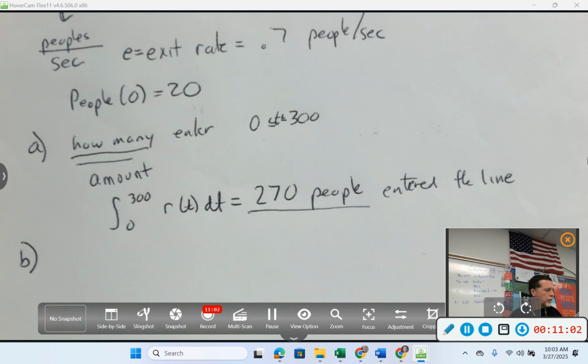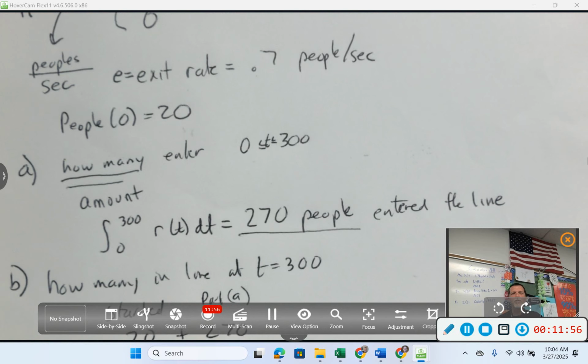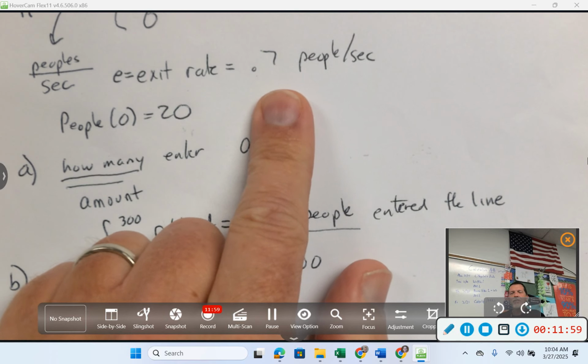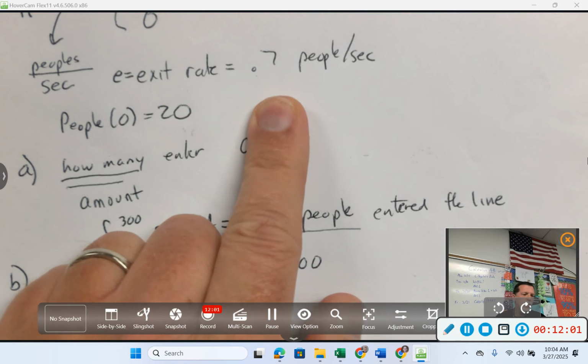I already know that 270 people joined the line, so I started with 20, and then we added 270, that was part A. How do I figure out how many people left the line? Let's see, we exited at 0.7 people per second. So for 300 seconds, you don't even have to really do an antiderivative. You can just realize that 0.7 times 300 would tell you how many people left the line.